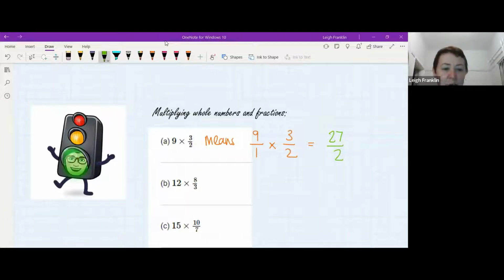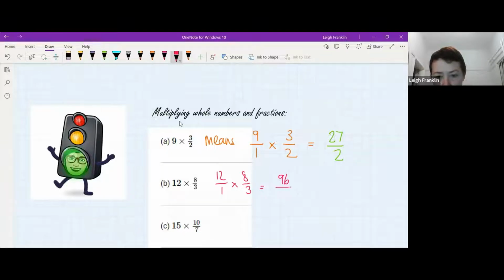All right, Lesedi, you're up next. Do the next one for us, please. Question B. So first you'll make 12 over 1. Mm-hmm. And then you go 12 over 1 times 8 over 3. Yes, and then 12 times 8, which is 96. It is.